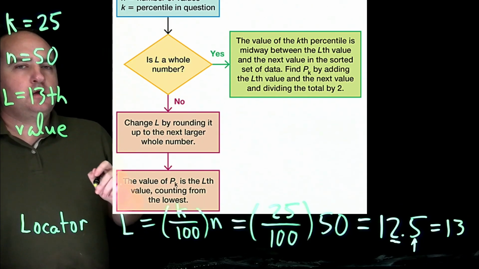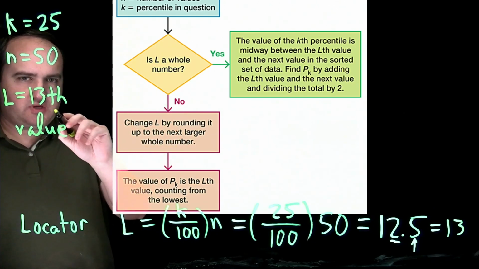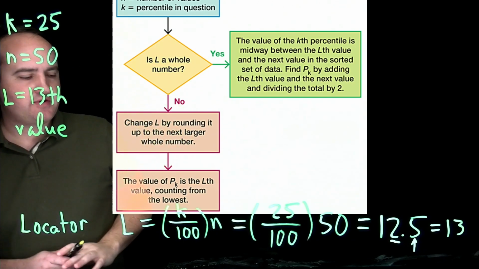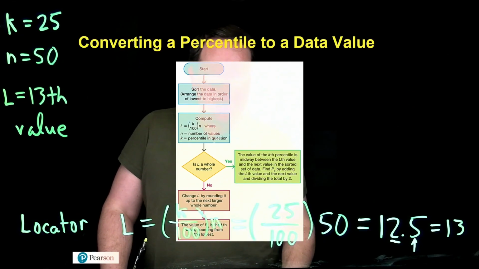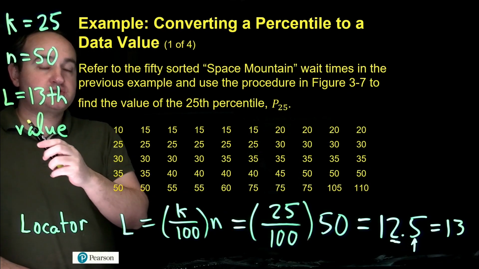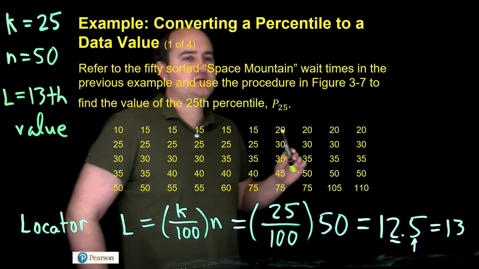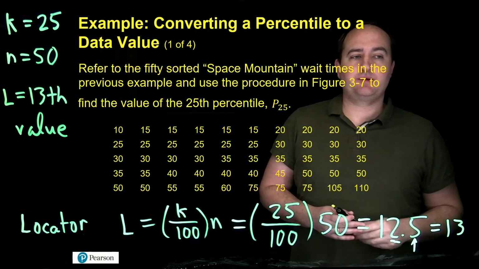So if you ever have a decimal, always round it up, and then the locator is just going to be that number. Now we look at our data values, and because they're already sorted in increasing order, we just have to count to 13.